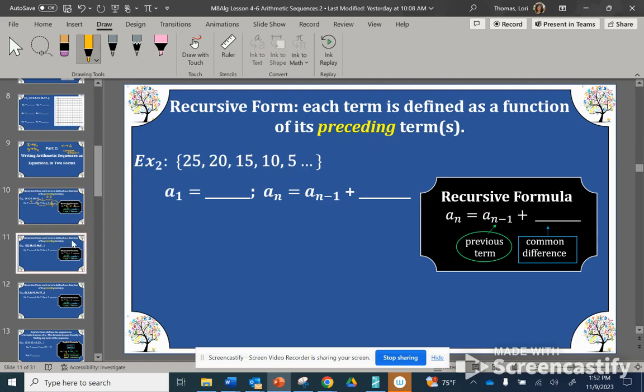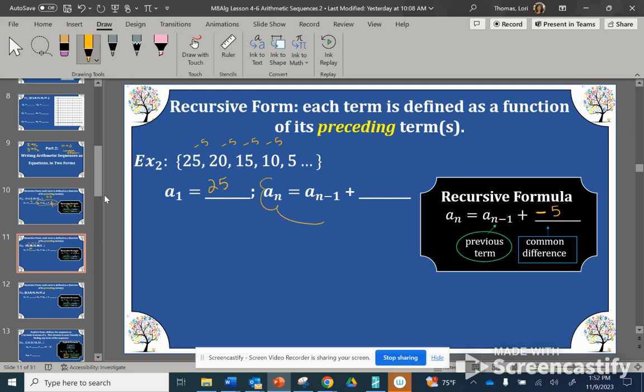Let's take a look at the second example. To write the recursive form, we do need to locate our common difference. So we are going down 5. So our common difference is minus 5. We're going to tell the reader, let's start at 25.